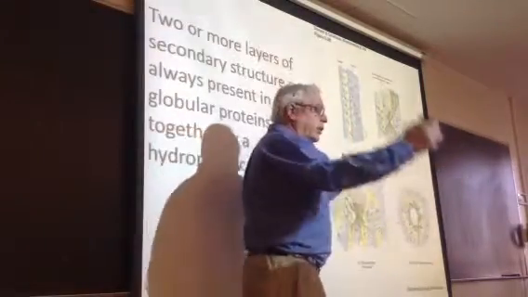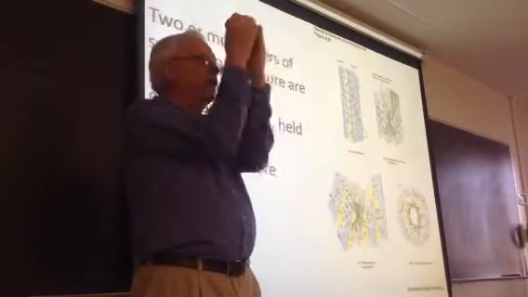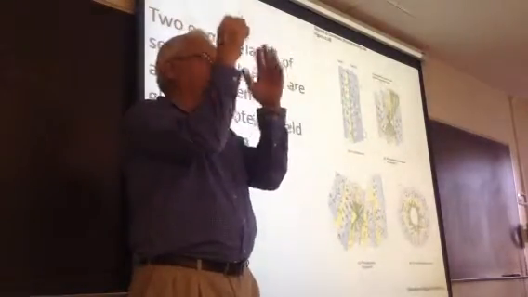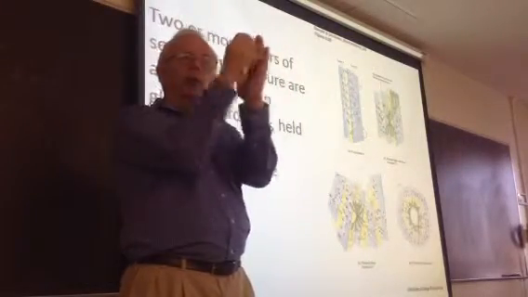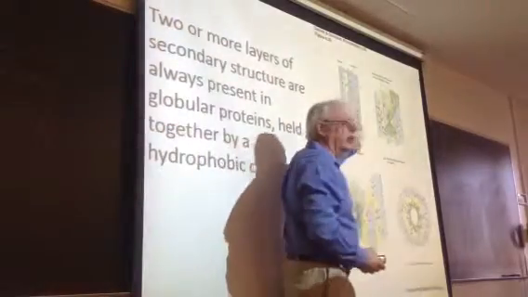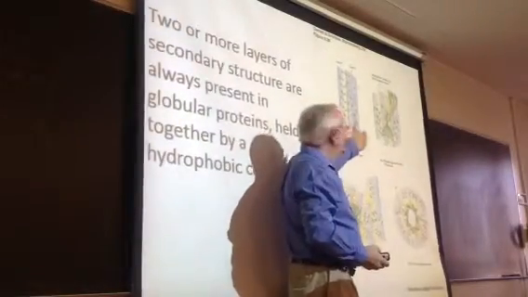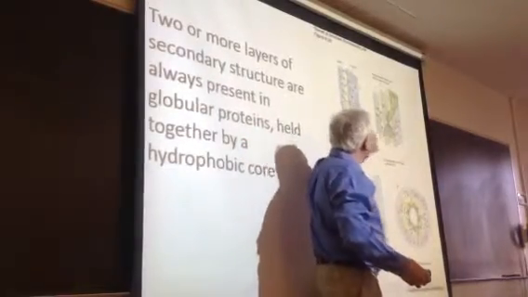They'll have at least two layers of secondary structure elements that come together with hydrophobic stuff in the middle. Kind of like a peanut butter sandwich, sticky peanut butter holding together layers of bread. So sometimes it's a two-layer sandwich, just a couple bits of secondary structure glued together with hydrophobic stuff in between.